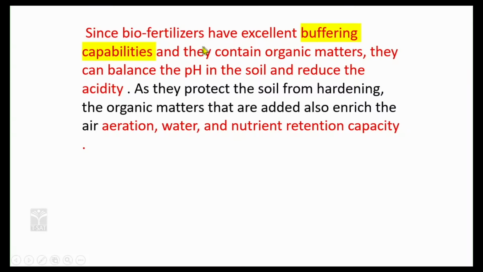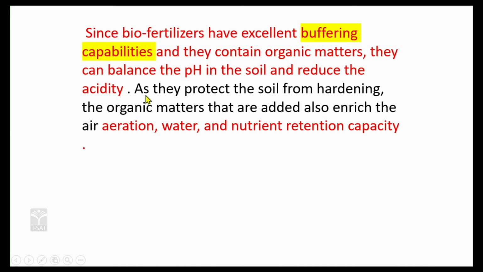These biofertilizers and biopesticides are helpful especially in drought management and soil-borne diseases, and also prevent damage to the natural soil, so that the essential soil organisms are preserved to maintain soil quality. Since biofertilizers have excellent buffering capabilities and contain organic matter, they can balance the pH in the soil and reduce the acidity.